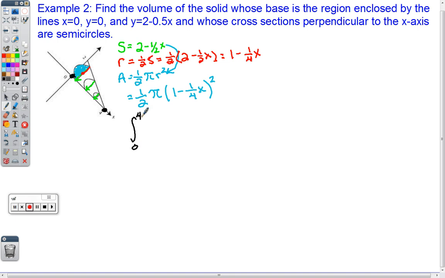I've got 1/2 pi times the integral of 1 minus 1/4 x squared dx, and toss that in the calculator. I got 2 pi over 3. And that's it. Nothing to it.